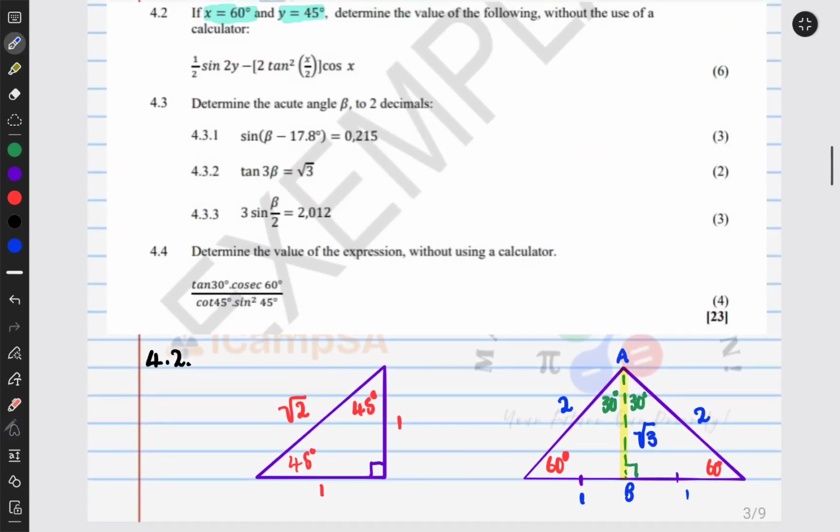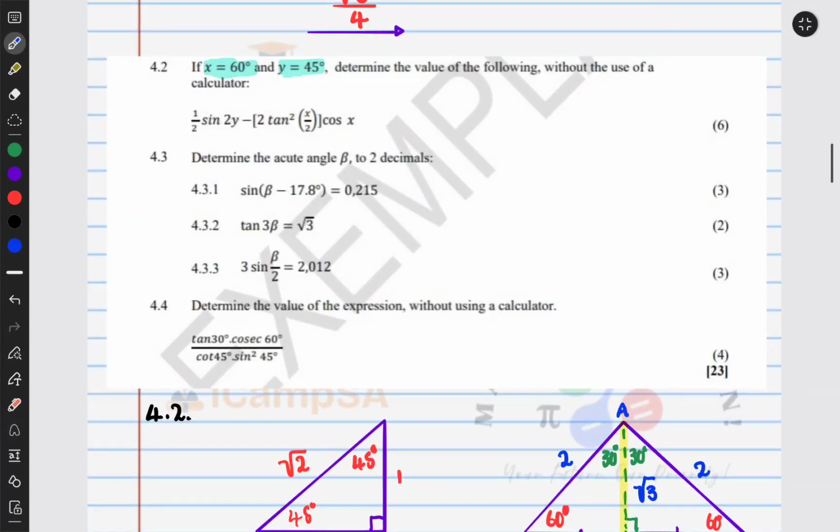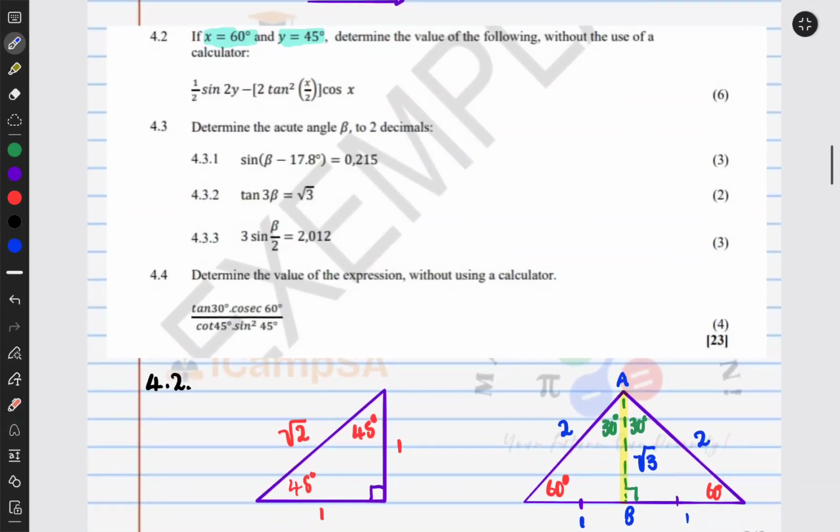Once we are here, we can actually use our special angles now to simplify the expressions that we have there.